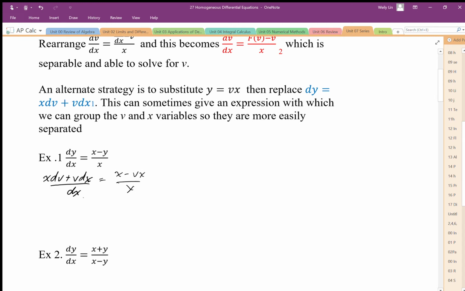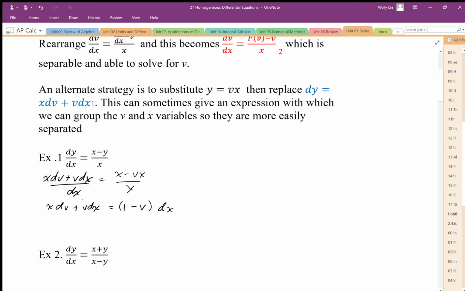So this ends up being x dv plus v dx is equal to, this becomes 1 minus v. Okay, that simplifies to 1 minus v, and then I'm going to move the dx to this side. Then I want to group my dx's together so I can put it in a separable form.